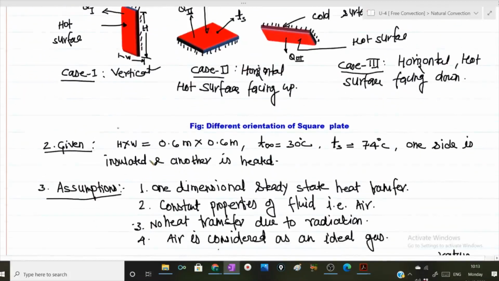So in given, H by W is 0.6 meter by 0.6 meter, fluid temperature T infinity is 30 degrees Celsius, surface temperature is 74 degrees Celsius, and one more important information is given: one side is insulated and another side is heated.